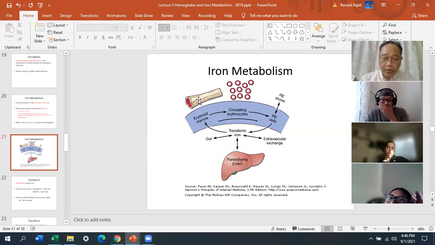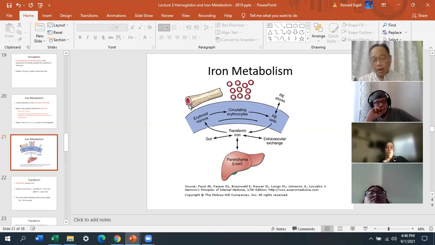Here we have bone, you have circulating RBCs, and this is the reticuloendothelial portion of this cycle. So the erythroid bone marrow, inside the marrow, like I said, are erythroid precursors. Remember the RBC maturation, everything before reticulocytes, the orthochromic erythroblasts, et cetera.